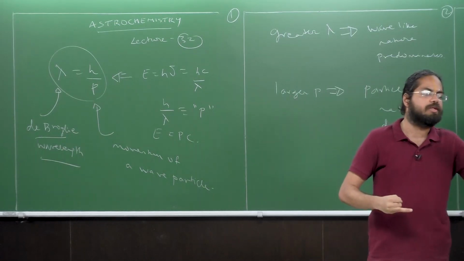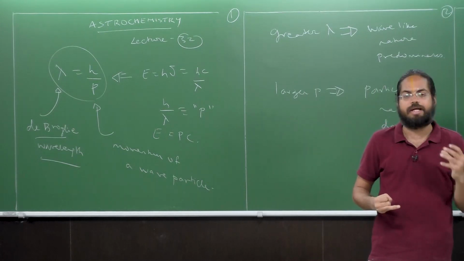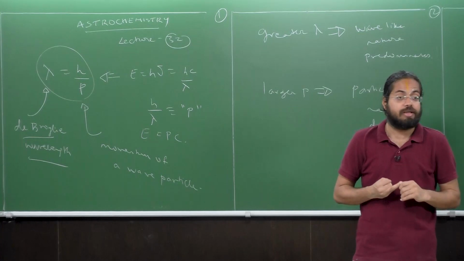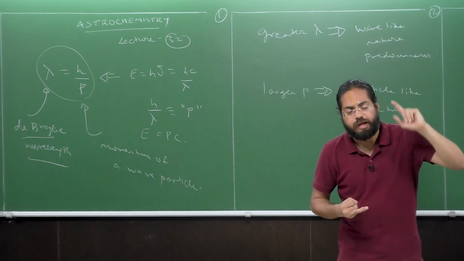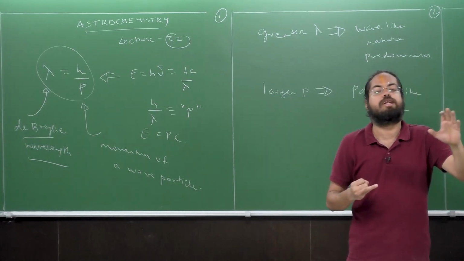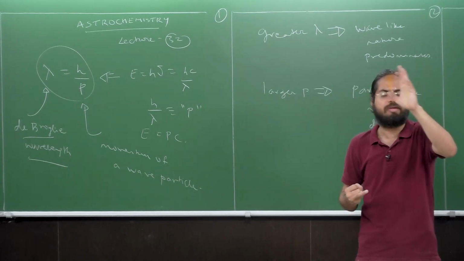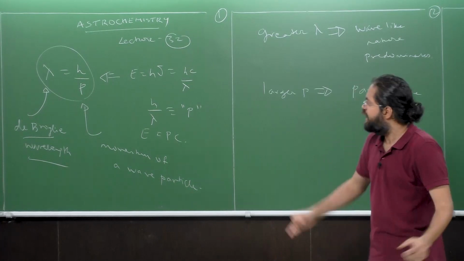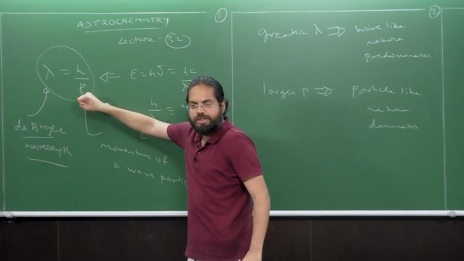Whereas in other experiments, such as in black body radiation and in the photoelectric effect, it exhibits particle-like nature. Overall, it has dual character. Similarly, matter, that is electrons, atoms, molecules, etc., also exhibit wave-particle duality. We didn't go through the details of why matter would exhibit wave-particle duality, but through a series of experiments, matter is also known to exhibit wave-particle duality. And to quantify this wave-particle duality, we have this expression, the de Broglie relationship.